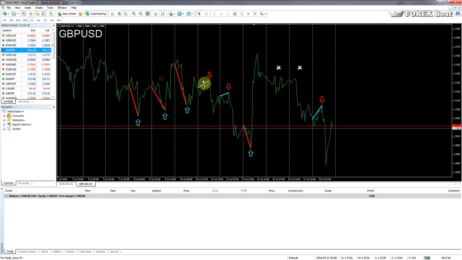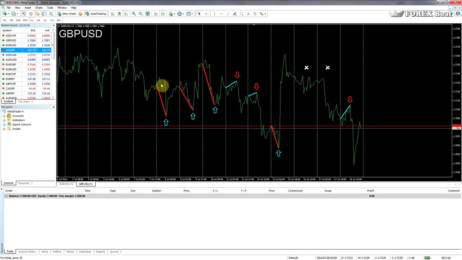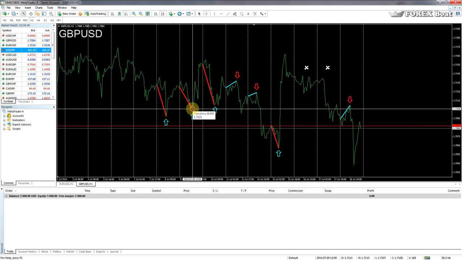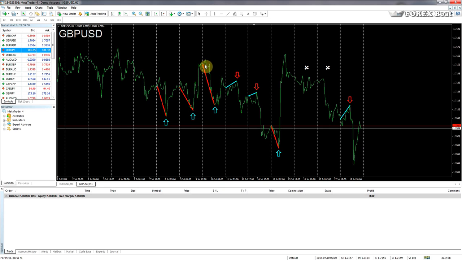I found that often the British pound will, at the start of the day, move in one direction, and then around 9 o'clock, or maybe 8, 9, 10, 11 o'clock, it will actually jump in the opposite direction. So as you can see here, the red line is showing that the British pound was going down from the start of the day, from 00 to here it's 13 o'clock, and then it jumped back up.